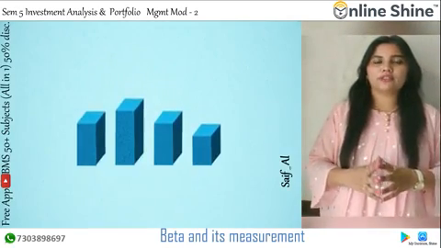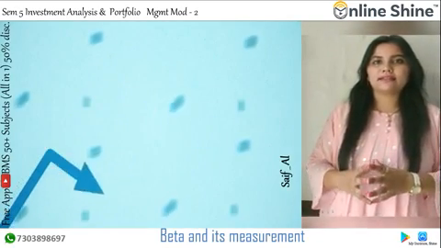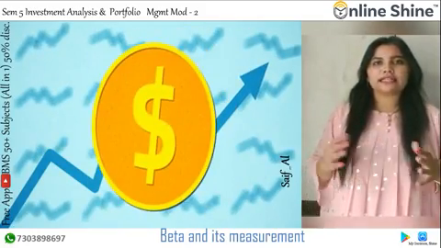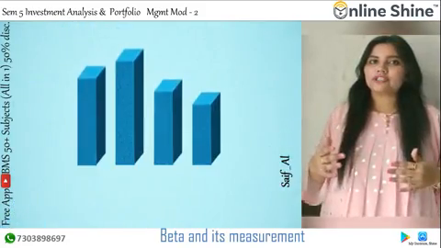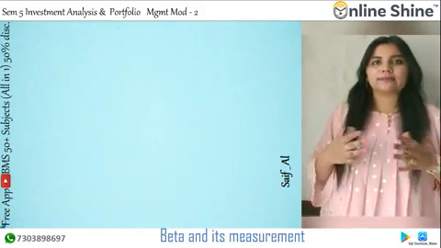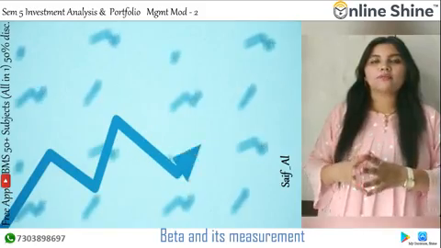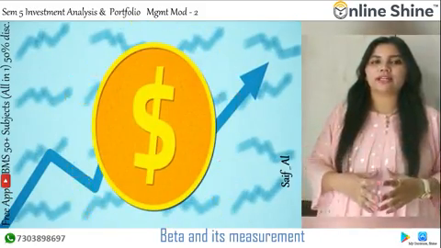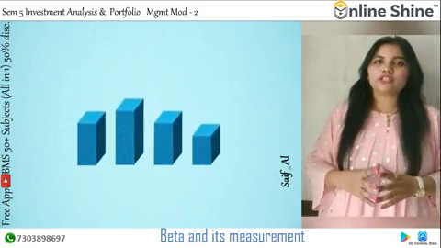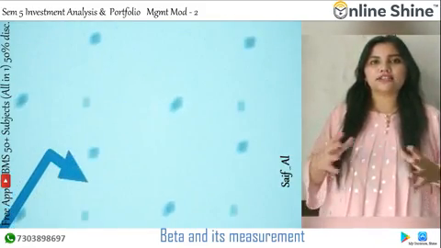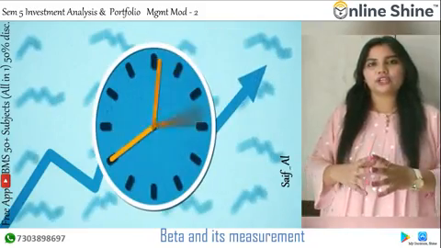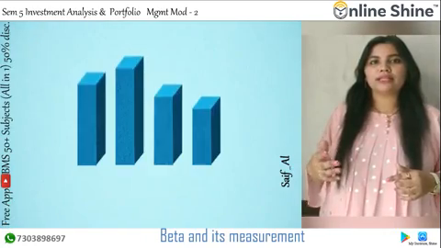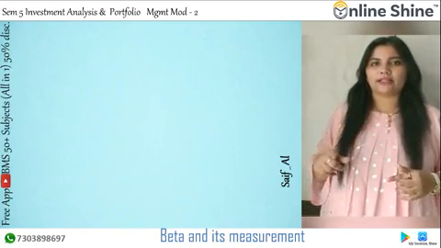Now, measurement of beta. Beta is the systematic risk that is known as volatility relative to the market. The beta coefficient in terms of finance and investing describes how the expected return of a stock or portfolio is correlated to the return of the financial market as a whole. The beta coefficient is a measure of sensitivity or correlation of a security or an investment portfolio to movements in the overall market.